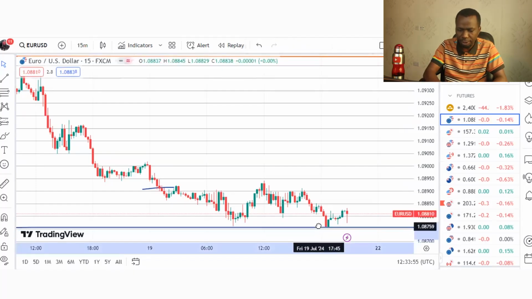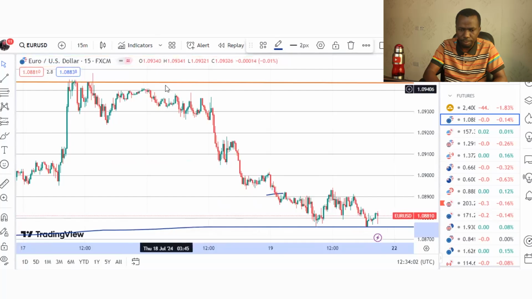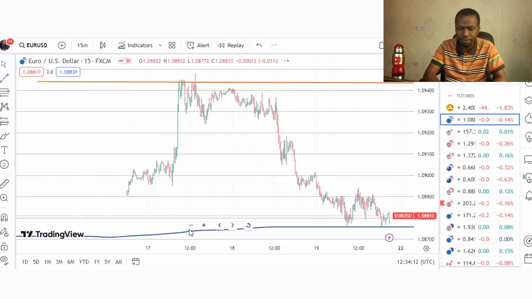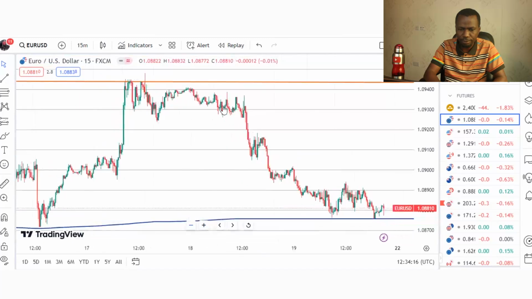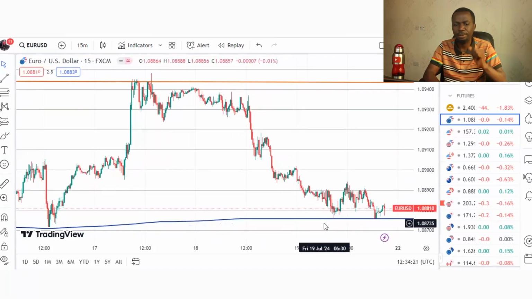We make an adjustment and expand the chart a little. So now at the lower time frame, we have been able to identify the key levels. This level and this level are the key levels, because these are the levels we identified at a higher time frame.